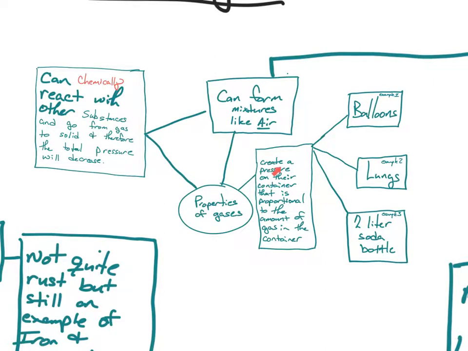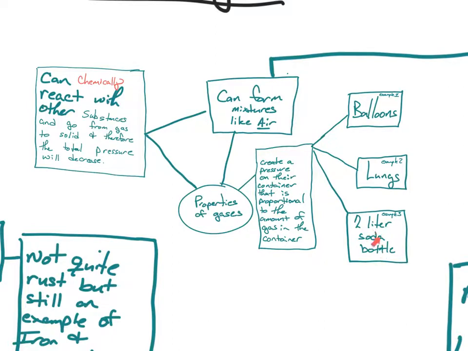We talked about examples. How do we know that gases produce pressure inside closed containers? We talked about things like balloons and lungs. Another one that came to mind was a 2-liter soda bottle. You know that it's under pressure. But you open it and you release the gas. The gas leaves. You hear it shh as you unscrew the top.